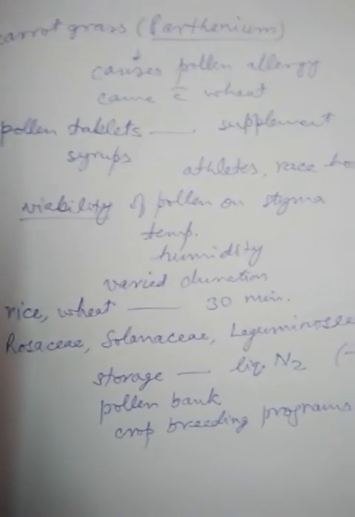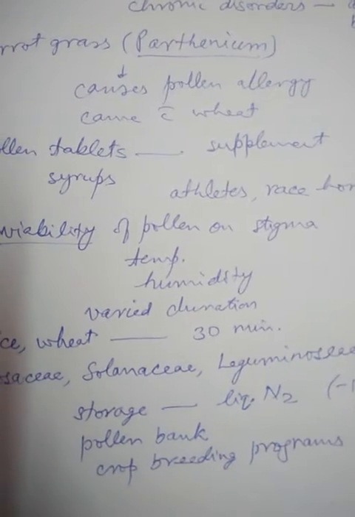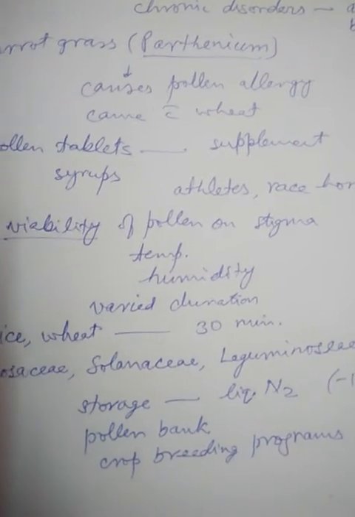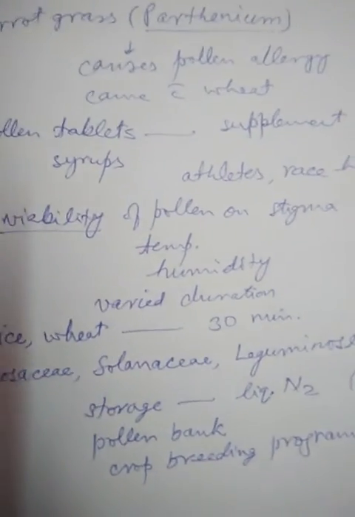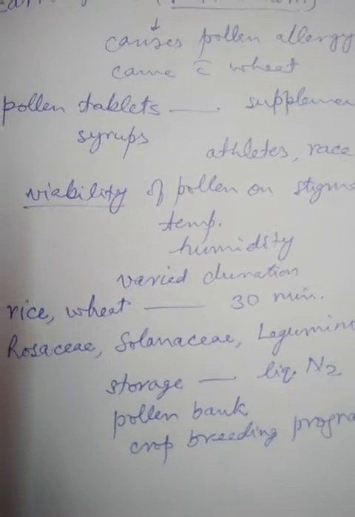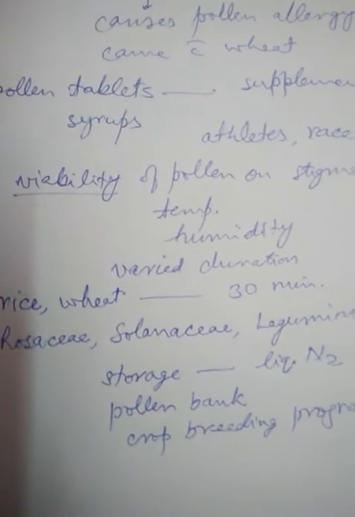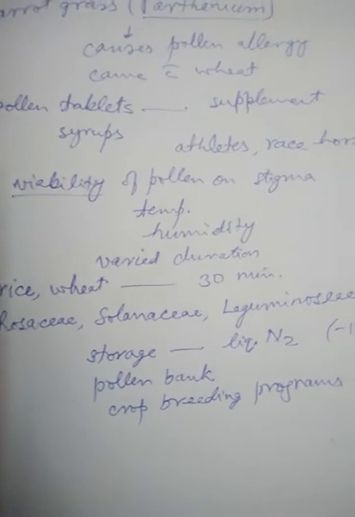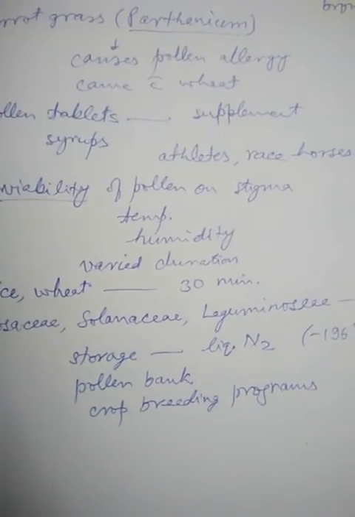So be it some fruit, or some crop variety, or some cereals, okay, for any of the plants, this regulation of which anther or rather which pollen grain is going to germinate which ovule has to be very important.